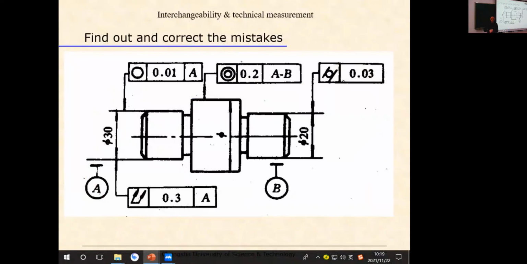So in this chapter, our goal is how to draw the picture and how to correct the mistakes.